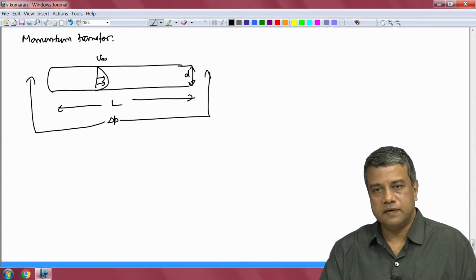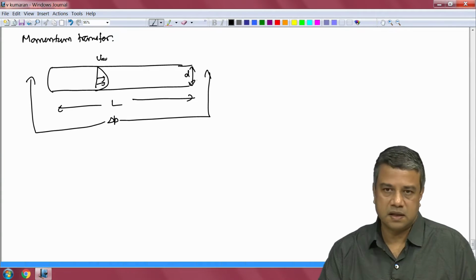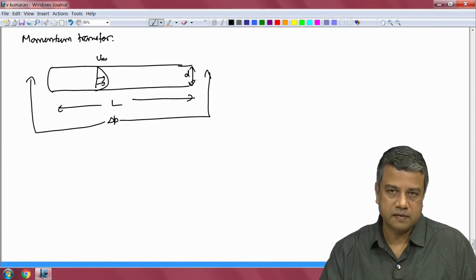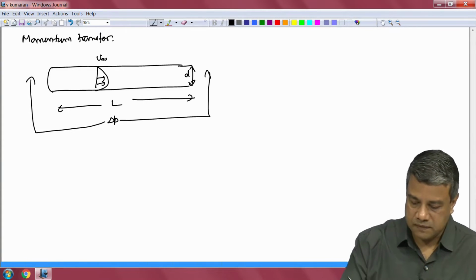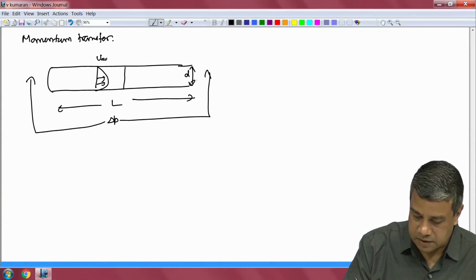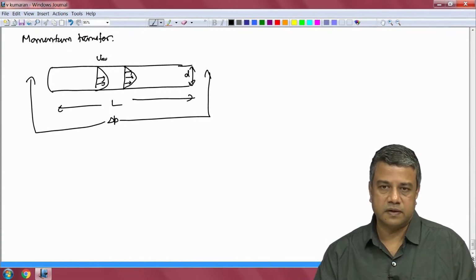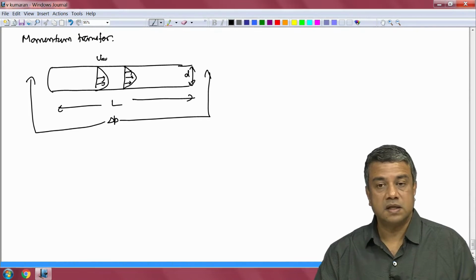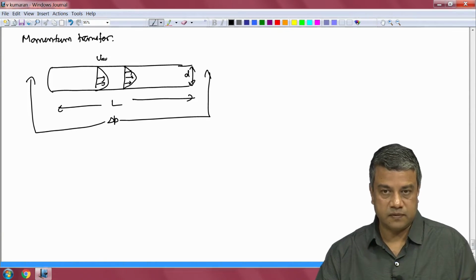Now, if the length of the pipe is much larger than the diameter of the pipe, in most of the pipe you can assume that the velocity is not changing as a function of downstream distance. That is, the velocity has reached a fully developed velocity profile.